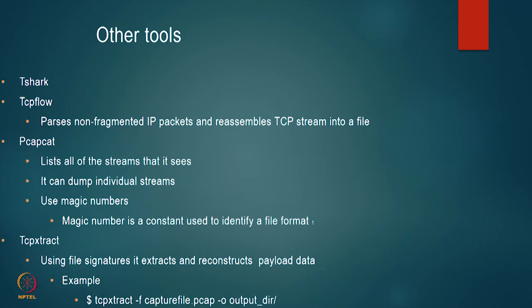There are other tools that you can look at. The first one, which is equivalent to Wireshark, is TShark. Then you have a tool called tcpflow, or PcapCat, whose installation is slightly more complicated, or you can use tcpextract. Some features are available in certain tools and some are not.